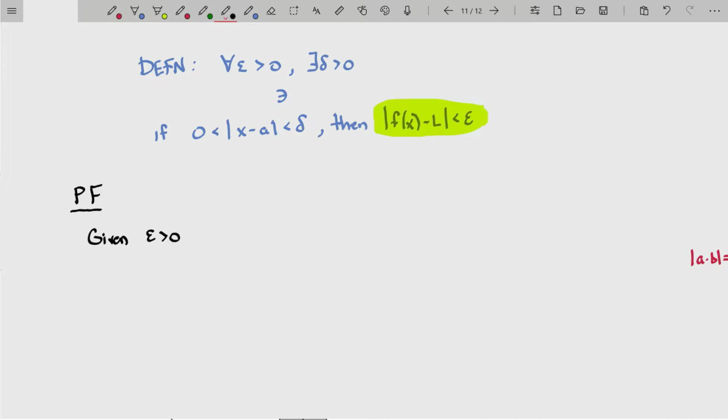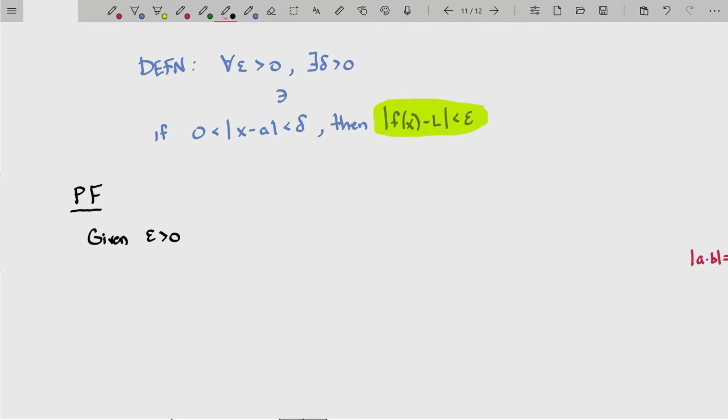So given epsilon greater than 0, notice I'm not exactly copying the language because I want you to have the flexibility to speak in some other language than what I give you exactly, as long as the statement is equivalent. The definition statement here is for all epsilon greater than 0. What I'm saying is given an epsilon greater than 0.